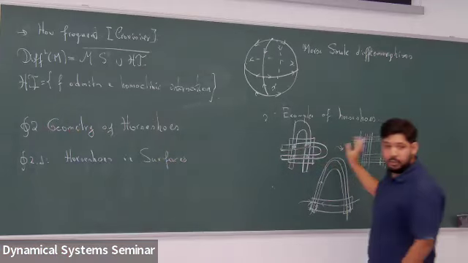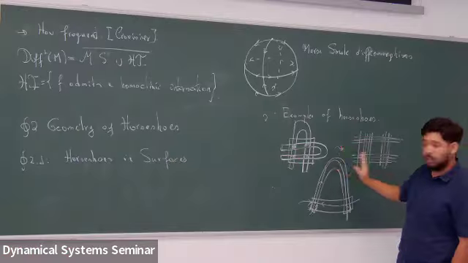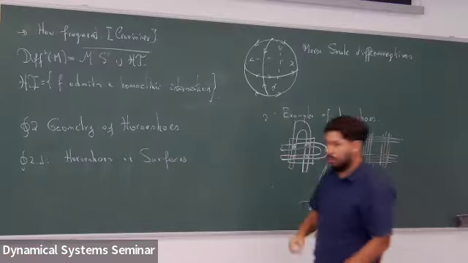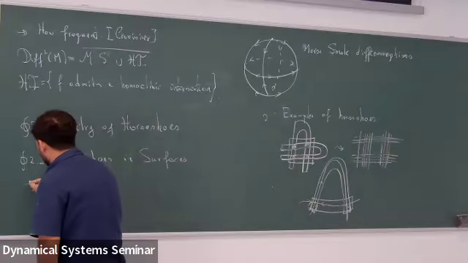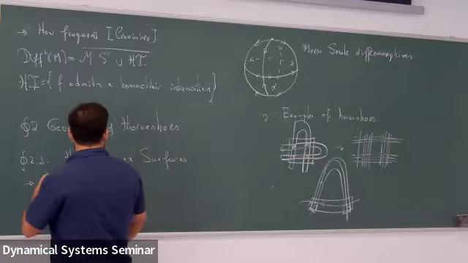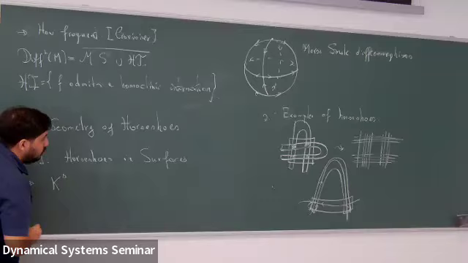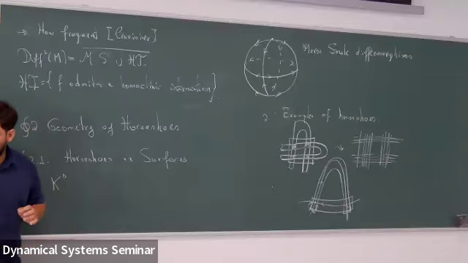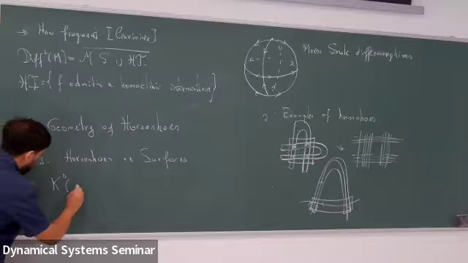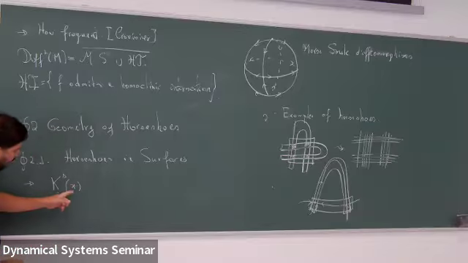So basically what I'm drawing here is what you see, and the nice thing, let me use the opportunity to establish some terminology. When you have horseshoes, you have two very nice sets that contain it.